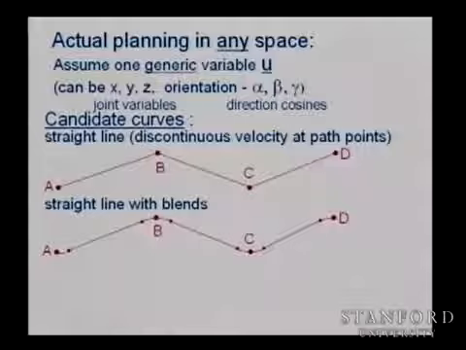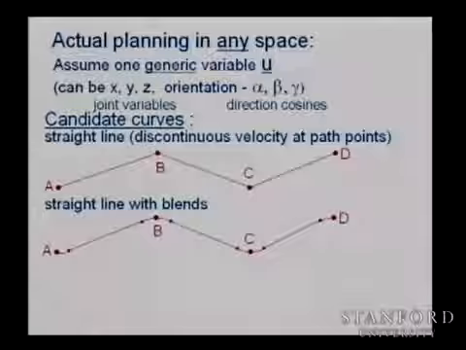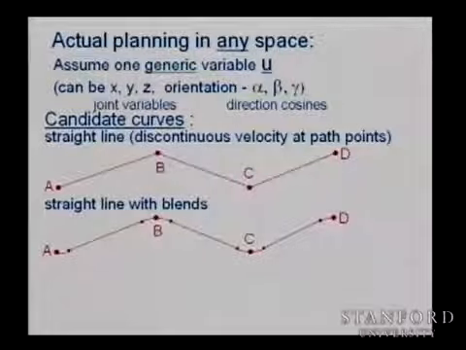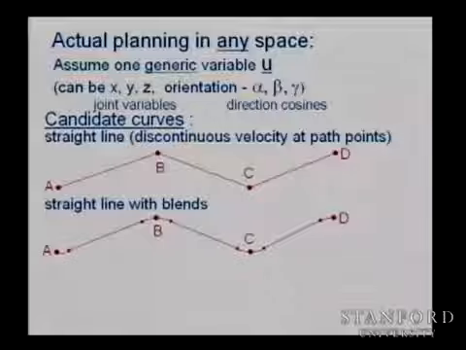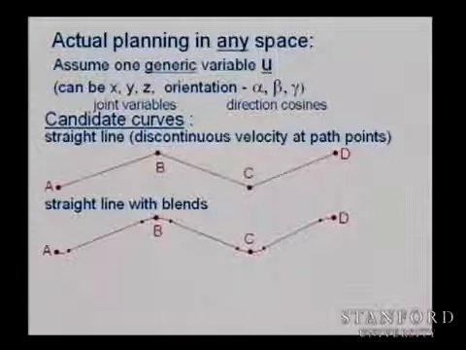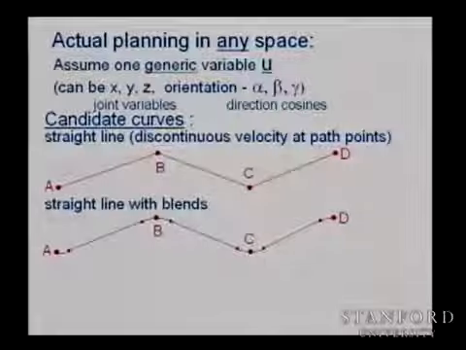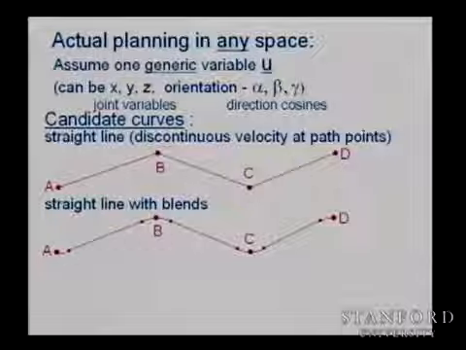So we have a small blend, then we maintain a straight velocity for a while, then we get a curve around B to maintain the continuous velocity, then a straight line, then a curve, a straight line, and then we decelerate and stop gracefully at the end. Okay? You can think, if you want, about the vehicle that we saw, if it's planning a path, in the same kind of way. So that's the next level of planning.